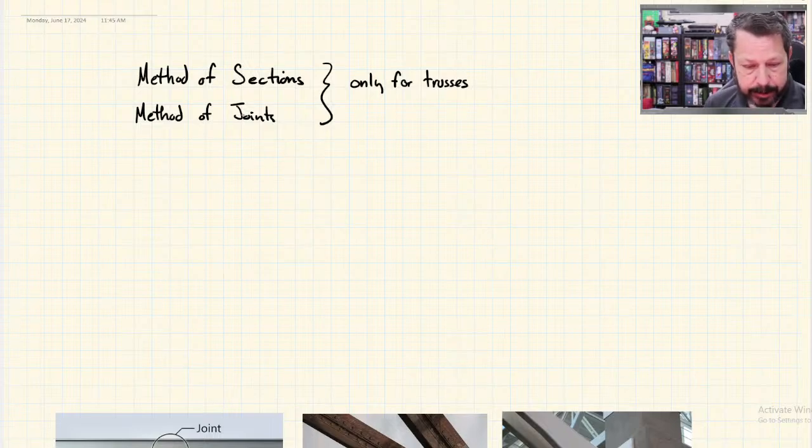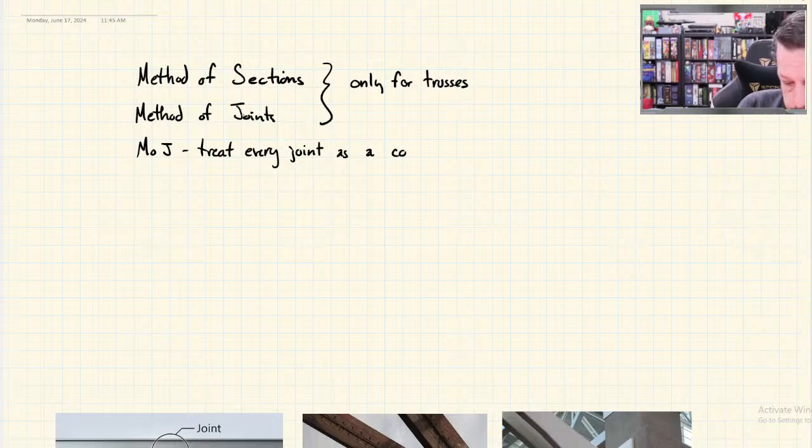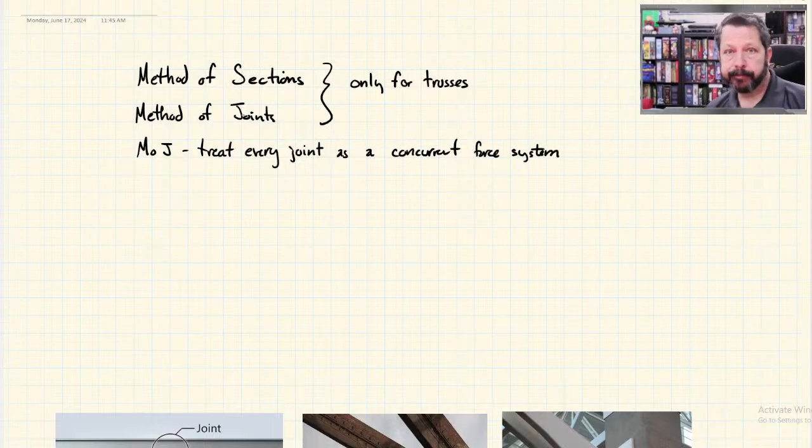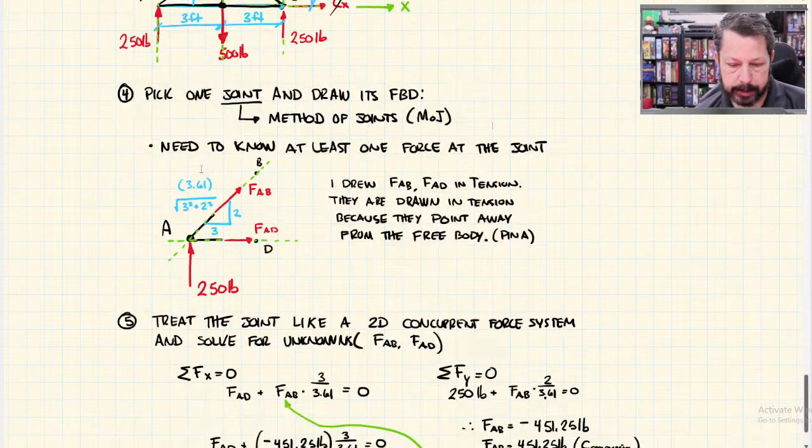So last time, just to recap, method of joints meant that we treat every joint as a concurrent force system. So we did something like this.